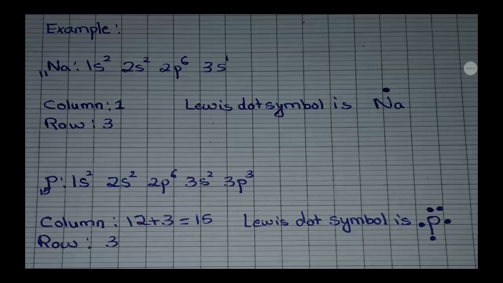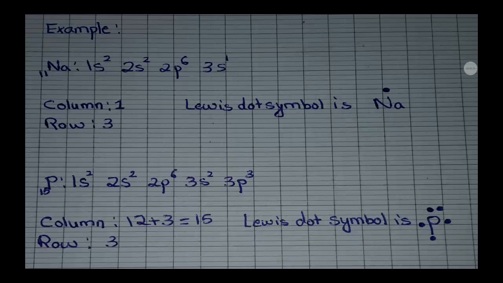And since the highest energy level is 3s1, the highest n is 3, then it is in row 3. The Lewis dot symbol is based on the number of the column. Column is 1, so we put 1 dot for Na, okay?